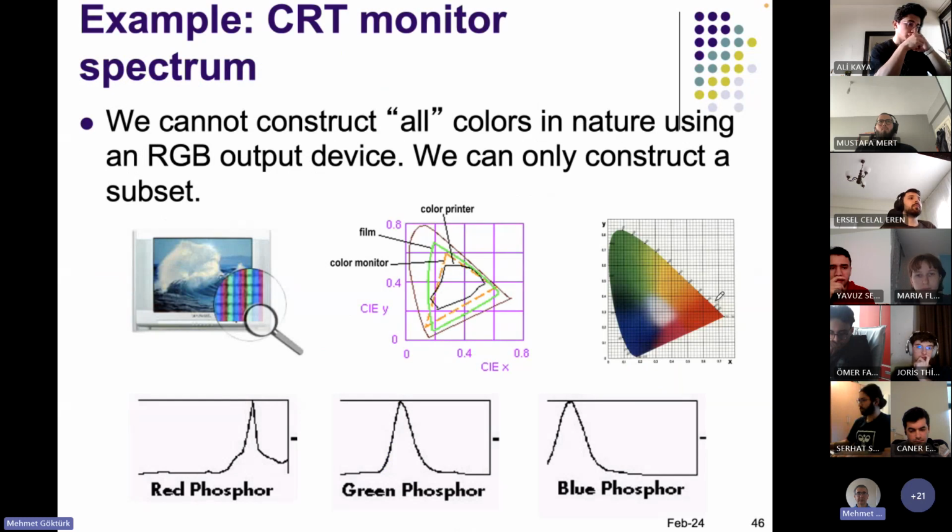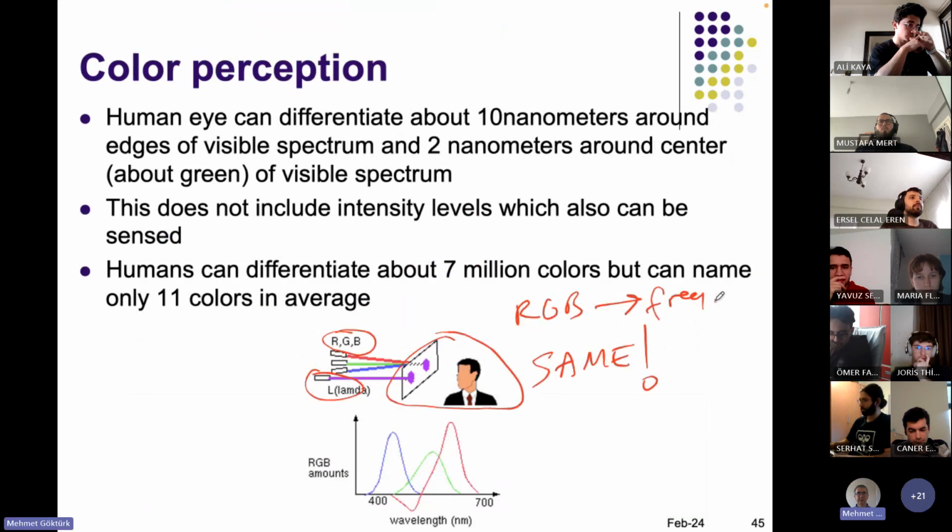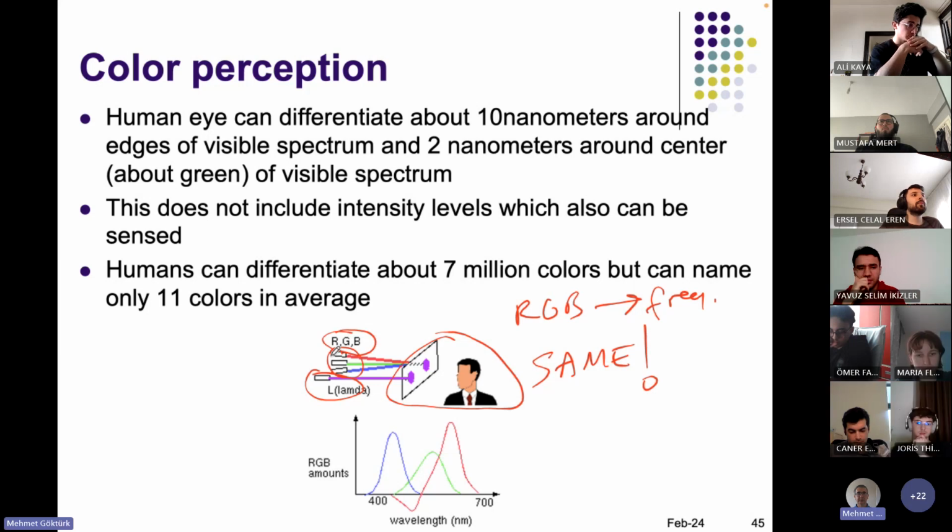When you plot that, usually each device, because the thing you are using here is an RGB generator, that RGB generator could be CRT, could be LCD, could be laser, anything.